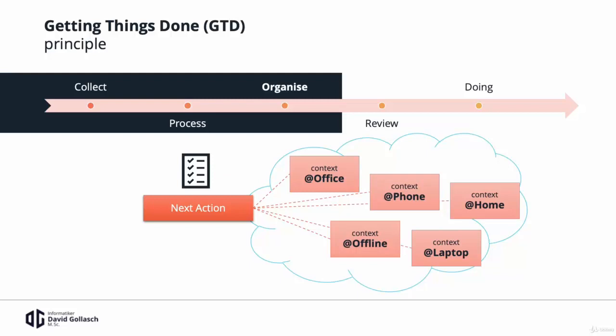They are optional, but might be helpful to decide what to do at what time, because those contexts help you to filter your action list, to get tasks out of your view that are not relevant at the moment at all. So this is the next action list.